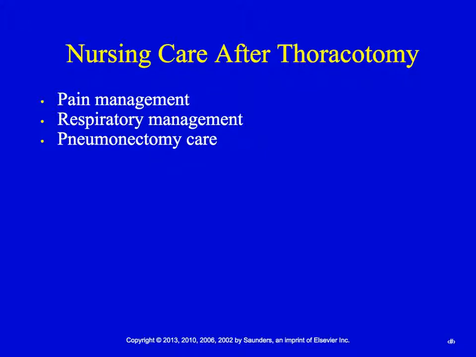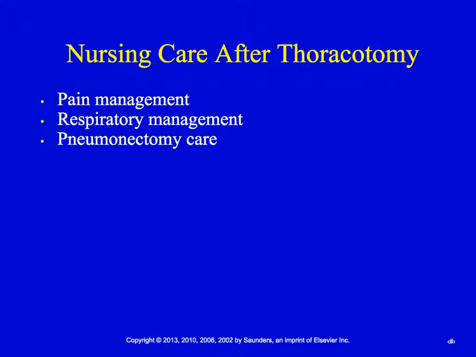These are just pretty much the typical things that you would worry about with most patients who've had surgery. But remember, if you have somebody that's had some type of a long surgery, then your respiratory management is going to be a huge priority. You're going to maintain their airway, maintain their coughing and deep breathing.